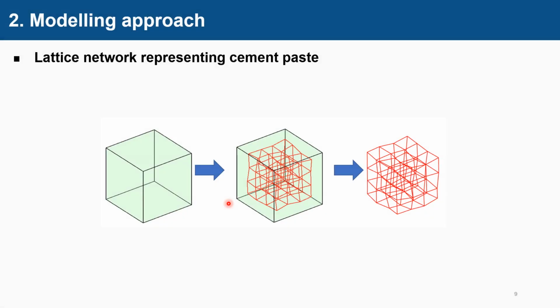Unlike the conventional finite element method, we use a discrete element method called the lattice fracture analysis, where a continuum, like a concrete, is discretized into interconnected beams that form a lattice network. The behavior of the continuum is represented by the response of the lattice network under load. For example, a crack in a concrete is formed whenever a beam in the network cracks.